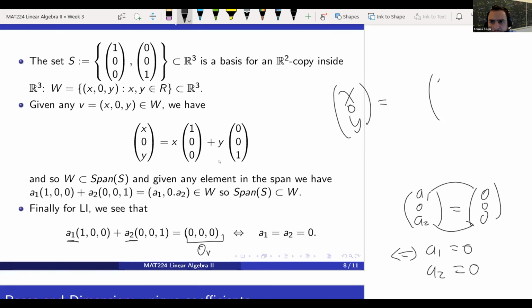So let me see. You need 1, 0, 1, and you have, so this will be x, that's okay. But then this guy will need to be y minus x. So when you add them, you get the thing I wrote. Is that okay, Mayma? Yeah, good.